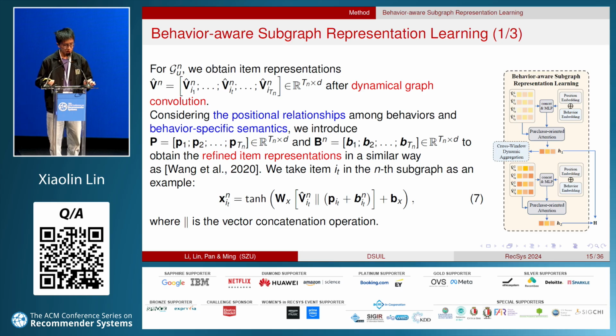We take item t as an example. We take the summation of position and behavior embedding to concatenate with the item representation. And the projection and the activation function are conducted on these results.